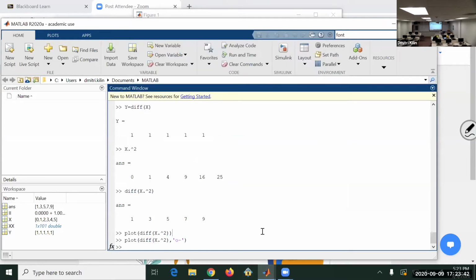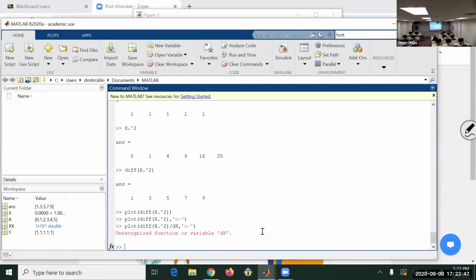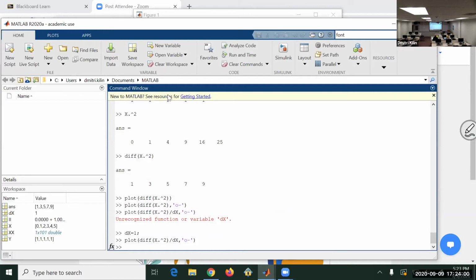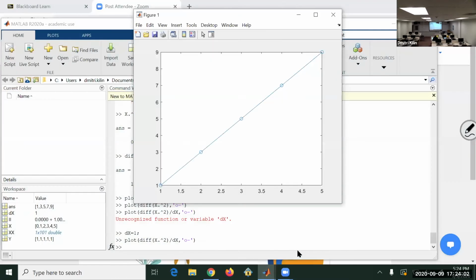I should divide this difference by dx. And dx in our situation for this exercise was 1, right? So in the denominator, nothing is changed. The difference of the function in the nearest neighbors is in the numerator, and the difference of the steps along the argument is in the denominator.